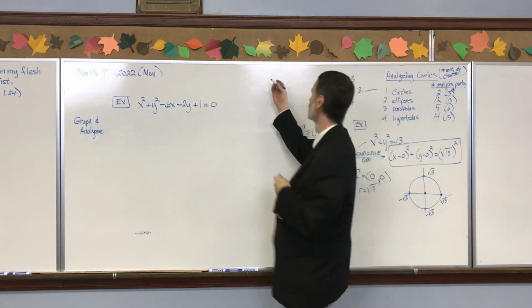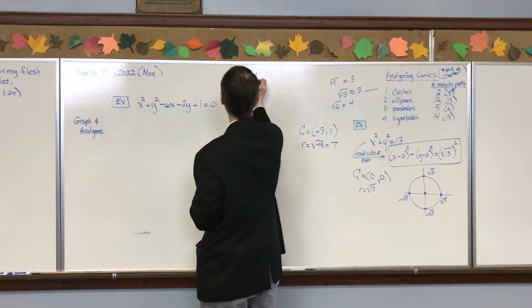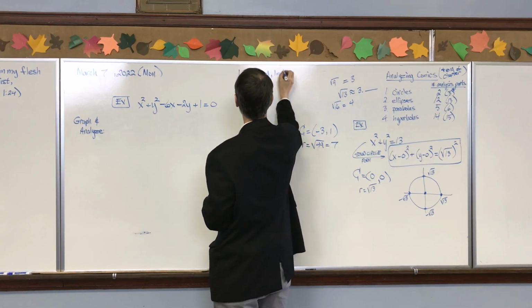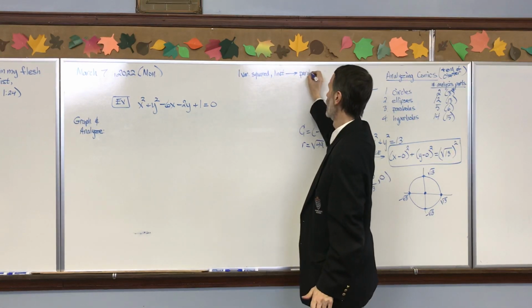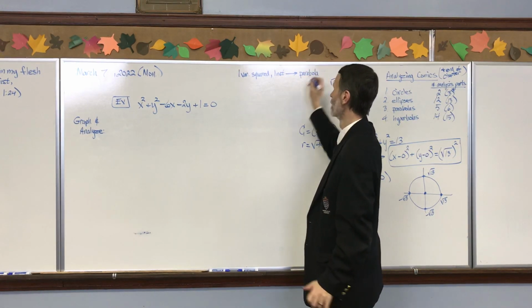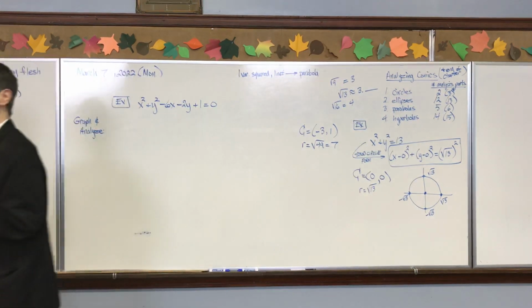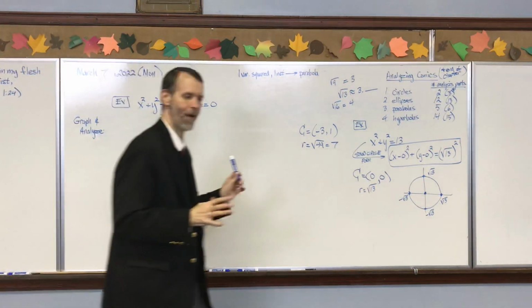Write this down in your notes. If one variable is squared and one is not, that's called a parabola. That's how to tell a parabola apart from anything else. If one variable is squared and the other variable is not, it's guaranteed to be a parabola.